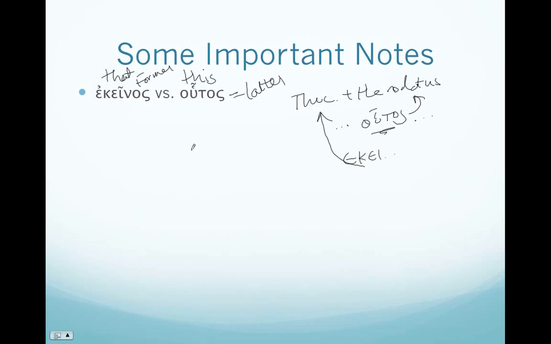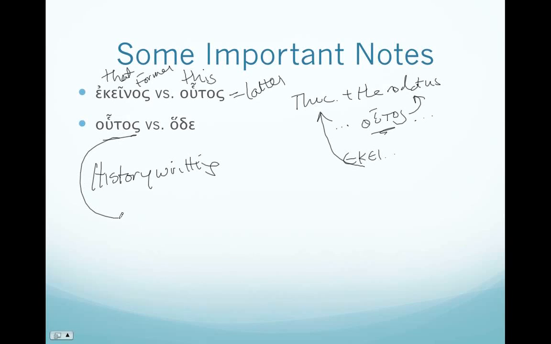So that's one way to treat ekeinos and hutos. And then in terms of hutos and hode, at least in history, in historiography, in history writing, hutos is going to refer to the thing before, the thing I just said. So this, meaning the thing that's just before, but hode can be translated as the following.